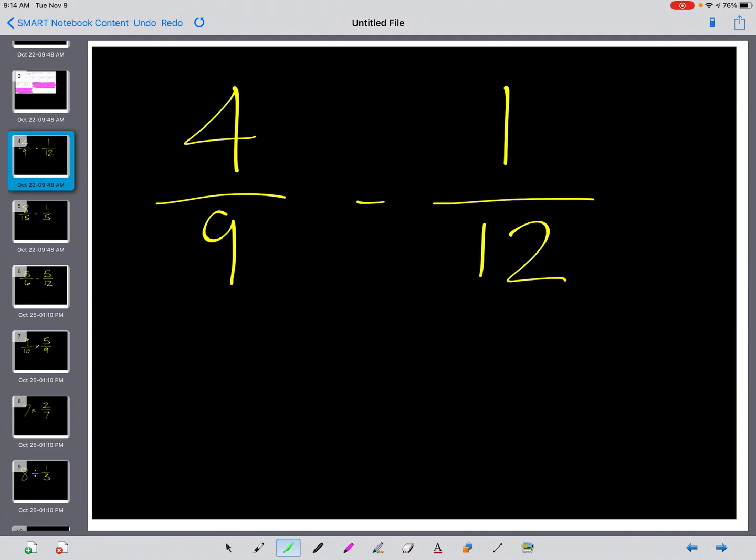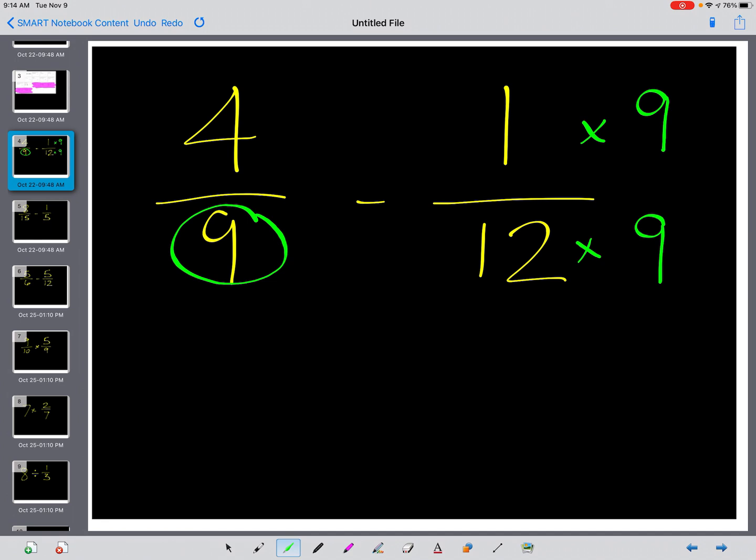What I would like you to do when you have to either subtract or add fractions, whenever you add or subtract fractions, I want you to take the denominator of the first fraction, the number in there, and you're going to multiply both the top and the bottom of the other fraction by that number.